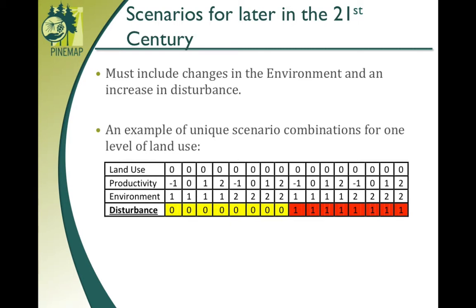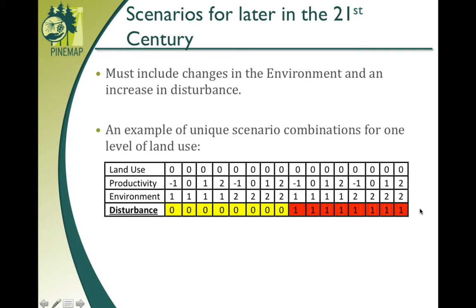And so we can use that information to inform this range of conditions I'm talking about. For disturbance, we are starting to get more information all the time about this. There are some good models in PINEMAP related to disturbance effects, and there are also groups outside of PINEMAP which have information on the range of the degree of disturbance that we might expect in the future.